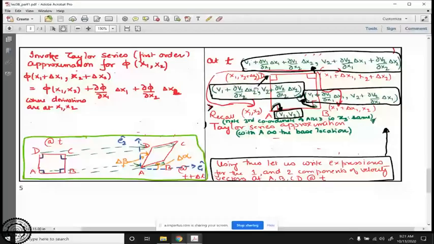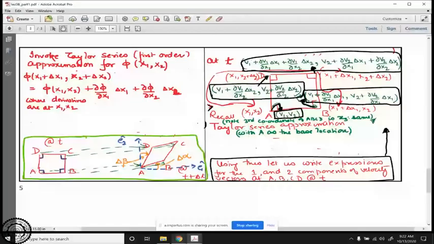Okay. D is displaced from A at time t by a distance delta x2 only in the e2 direction, and that's why the first component of velocity at D can be written as v1 plus del v1 del x2 multiplied by delta x2, and the second component will be v2 plus del v2 del x2 multiplied by delta x2. So both B and D have a displacement only along a single axis, either along e1 or e2.